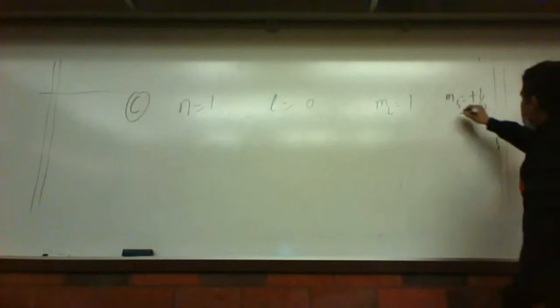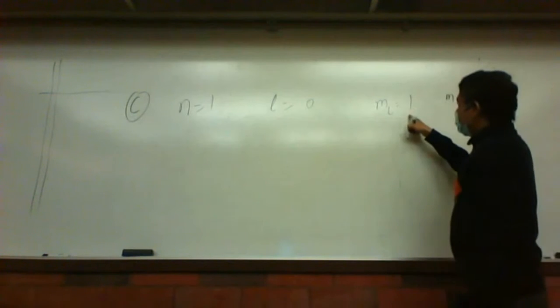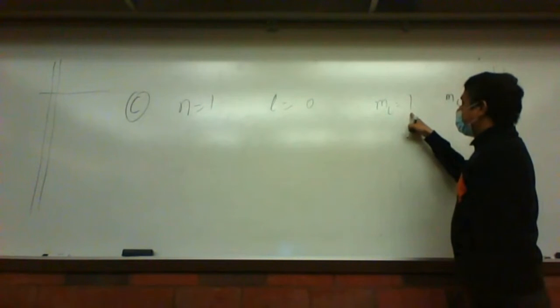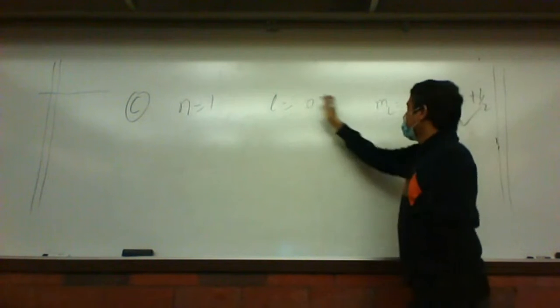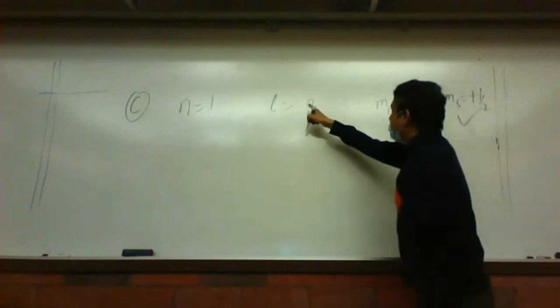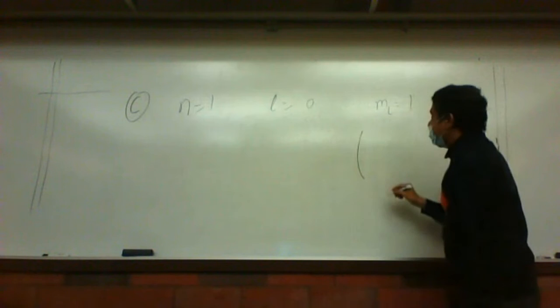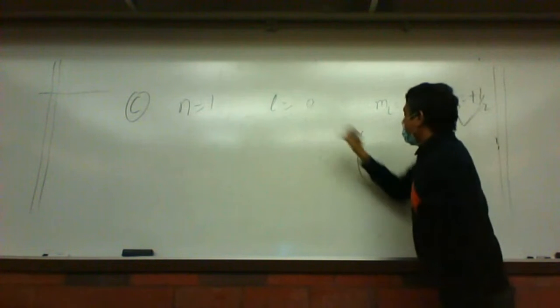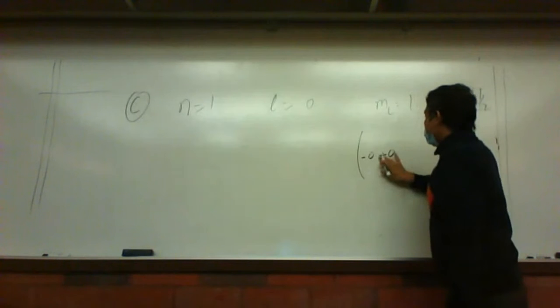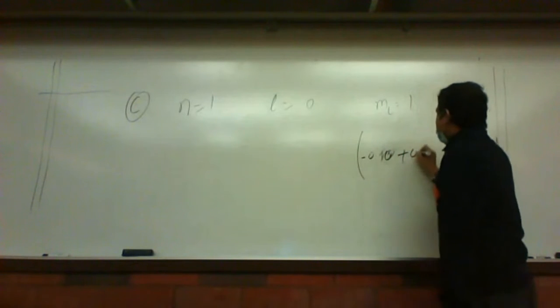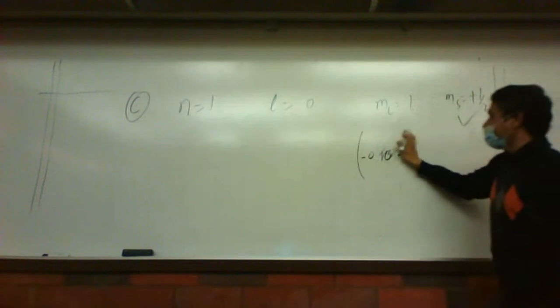So this is good. So now look, this ml is equals to 1. Where is it coming from? It should be coming from L equals to 0, right? So we are just moving back here. So if L equals to 0, ml value, we should start to write from this number, minus 0, 0, plus 0. So minus 0, 0 and plus 0 is the same thing.